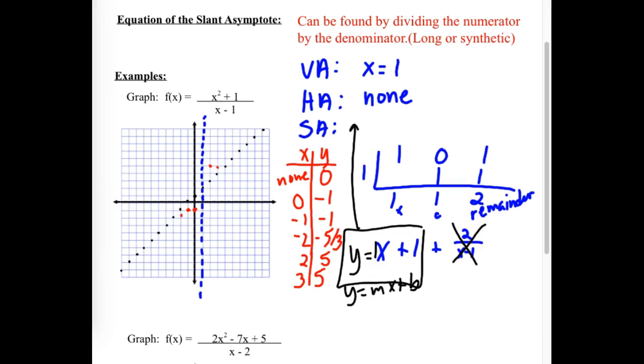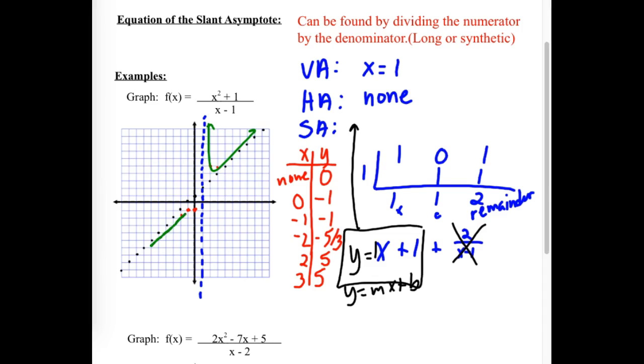Now, when you have a slant asymptote, there's 2 basic pictures you can expect to see. One of the pictures has the dots like we have here, where they're in between the vertical and slant asymptote. My graph is going to look something like this. Notice that we had 2 5s here. It's not flat there. It does go below and then back through the other 5. Same thing here.